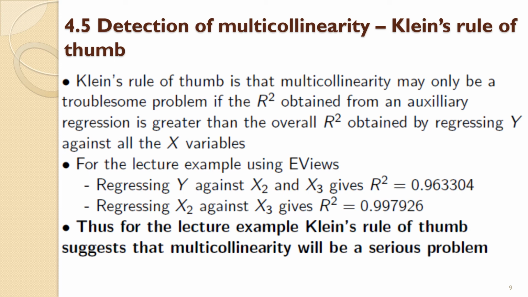This higher R-squared value would suggest in this case that Klein's rule of thumb implies that multicollinearity will be a serious problem, precisely because the correlation between x2 and x3 is so high, so it's going to be hard to isolate the individual impact of these variables upon y.